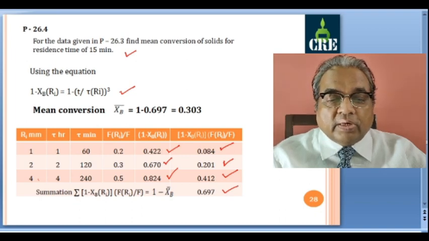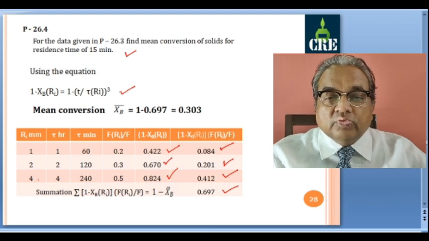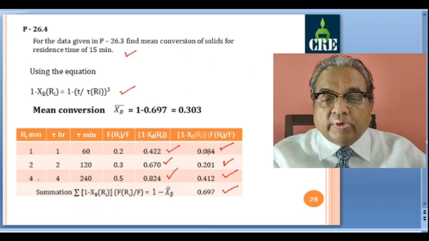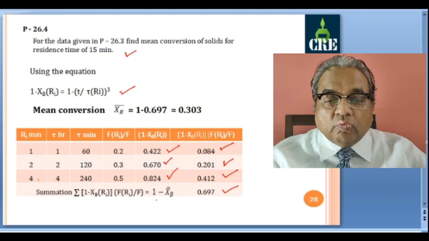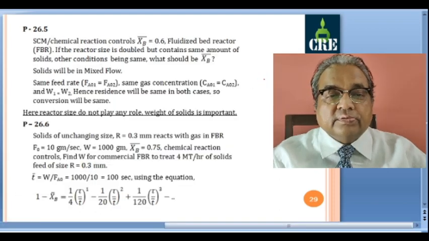This is the mean value of unconverted, 1 minus XB bar. So the converted fraction XB bar is 1 minus 0.697, which is 0.303, and this is your final answer.